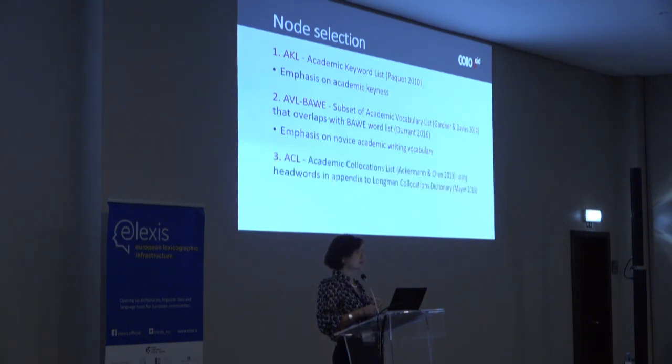And the third list is the academic collocations list, using not the collocation, but the headwords that are listed in the Longman Collocations Dictionary. So for the collocation conduct research, we used research as the node. Okay, and the emphasis of this list is obviously on strong collocations.